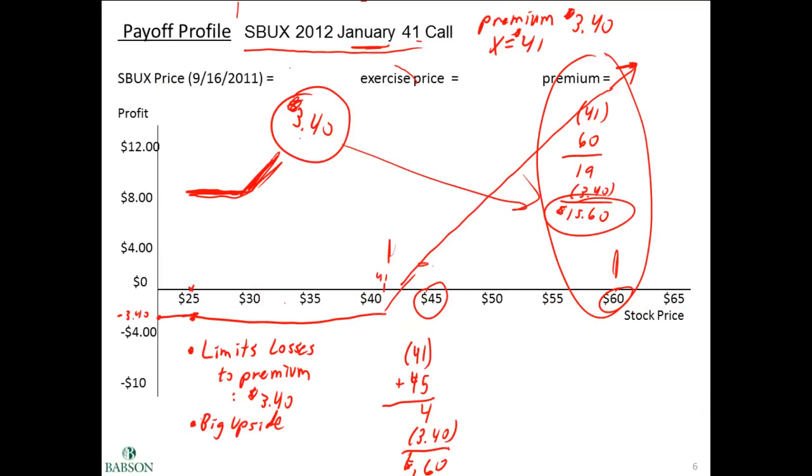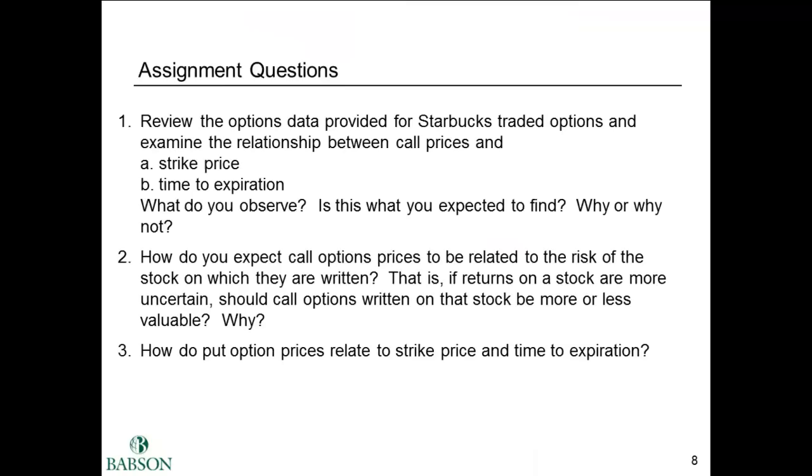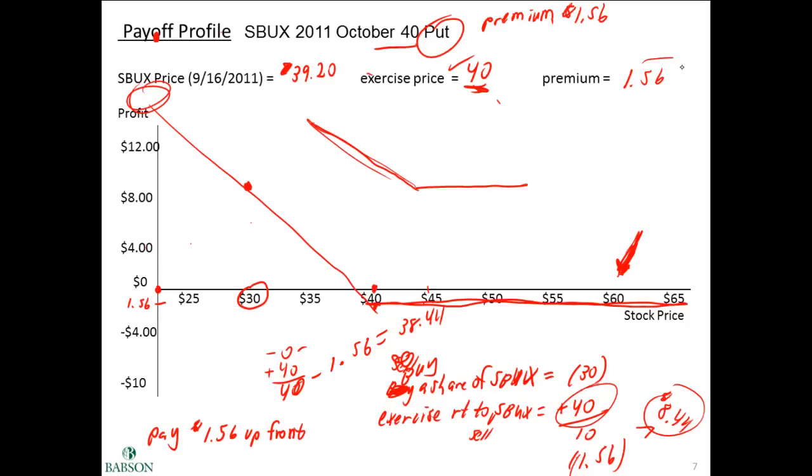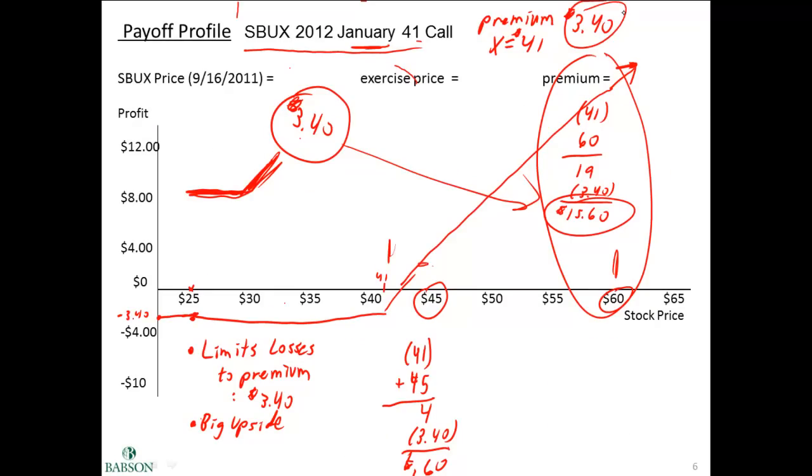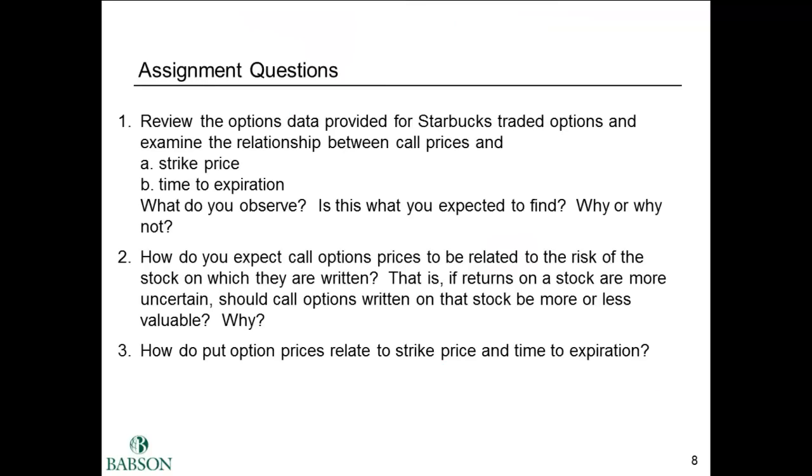You should know a couple of other things. Let's talk about some of the drivers of these things. So what drives the premium of $1.56? What drives the call option premium of $3.40? Well, it tends to be things like the strike price and time to expiration.